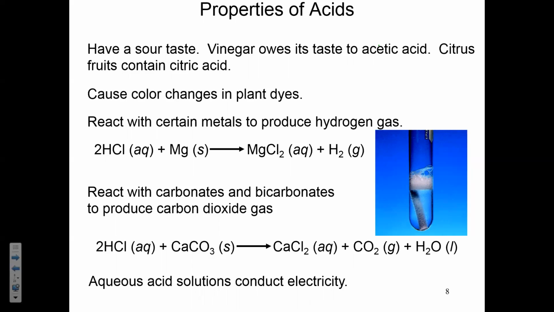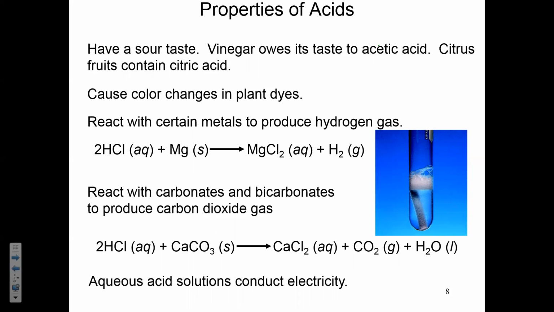Acids are very easy to distinguish because of either their smell, which causes your nose to burn or pucker, or because of their flavor. That being said, never taste anything just to figure out whether or not it's an acid.